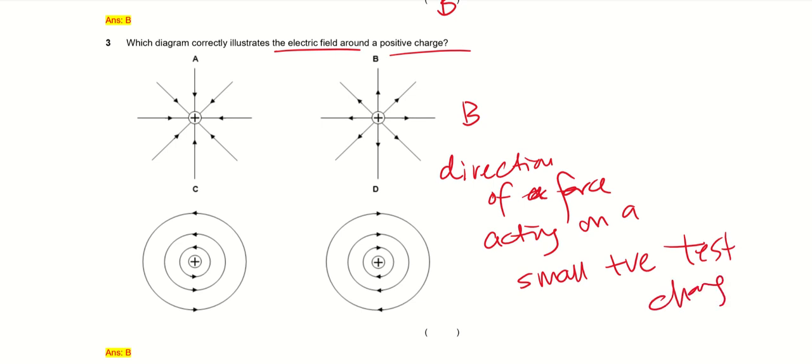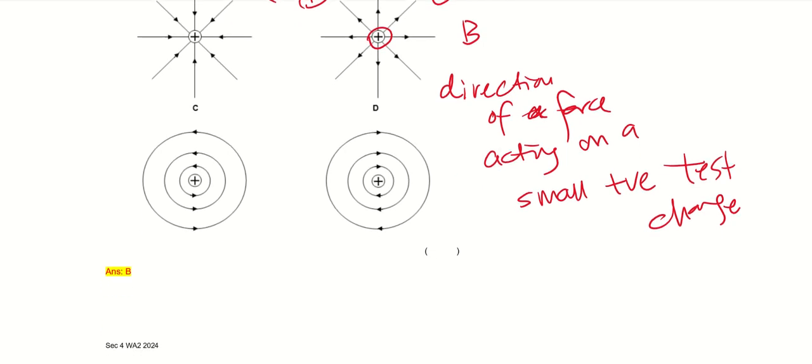Imagine I have an object that is small but positively charged. I put it near this positive charge in this question. The force acting on this small positive test charge will be in this way. If I put it here, it will be in this way, because like charges repel. So answer is B.